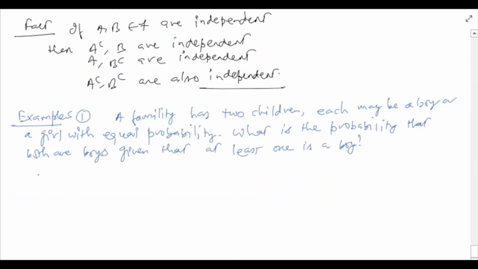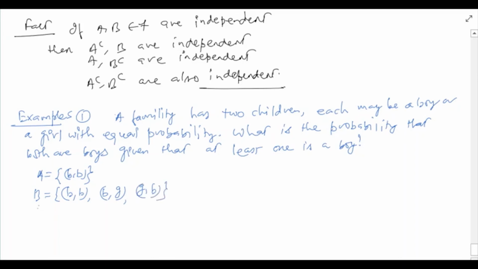We can again define events A and B as follows. A is the event that both are boys, and B is the event that at least one of them is a boy. So it is BB, BG, or GB.